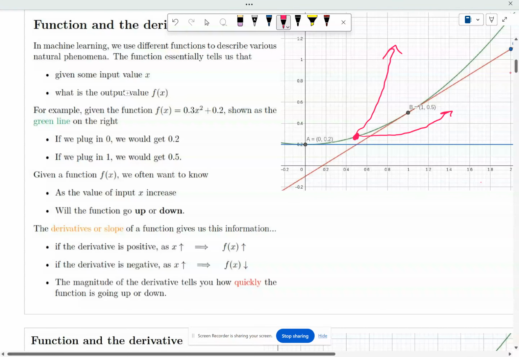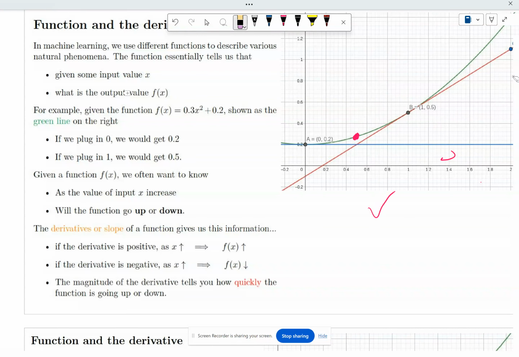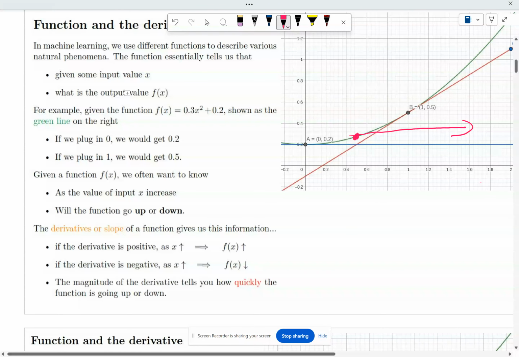Similarly, if it's a small negative number, it's going down very slowly, and if it's a large negative number, it's going down very quickly. So the magnitude of the slope tells you how quickly it's going up or down. And obviously 0 means it's not going up or down, it's just going flat.